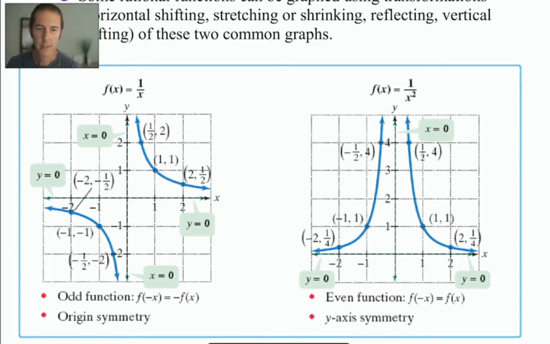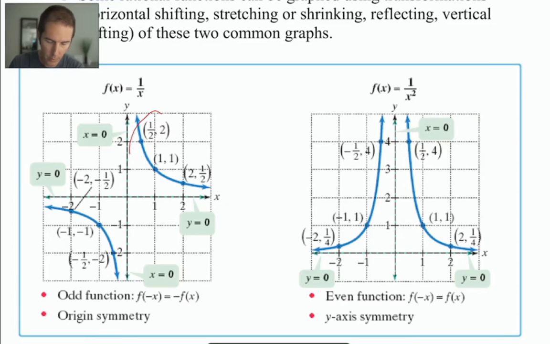The graph on the left exhibits symmetry about the origin. At the very bottom left of your screen, it's being called origin symmetry. And what origin symmetry means is that if you pick a point like this one, and you draw a line from there to the origin, and then you travel in the same direction, the same distance, you'll end up at another point on your graph.